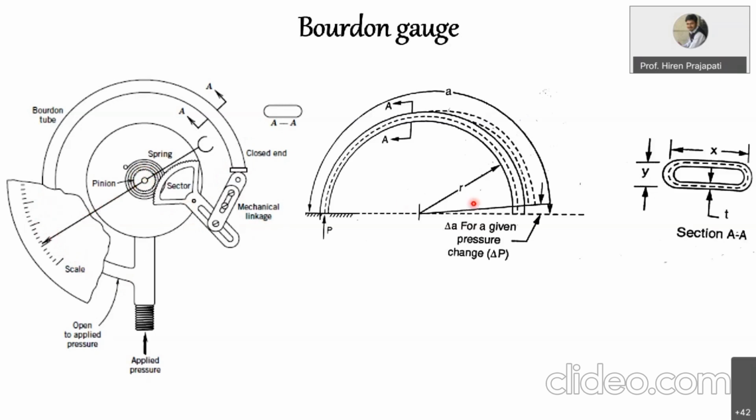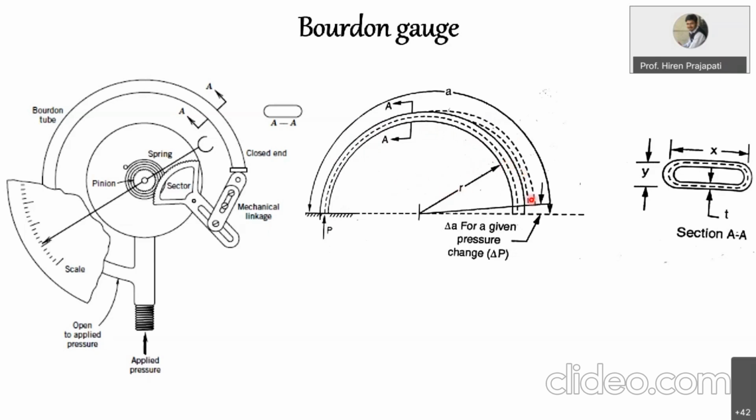So the basic principle is shown here. It is based on the deflection of a curved beam. The basic theory you might learn in design courses about deflection of a curved beam.